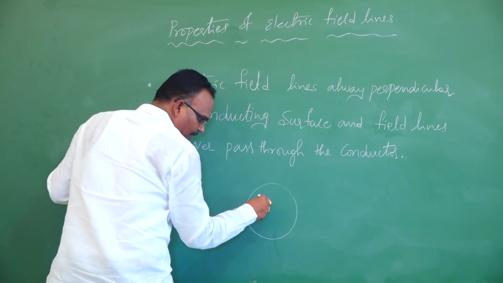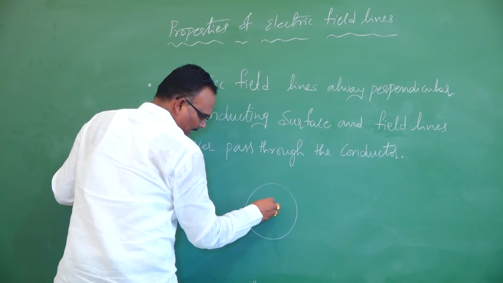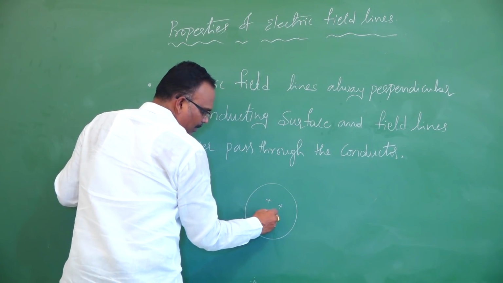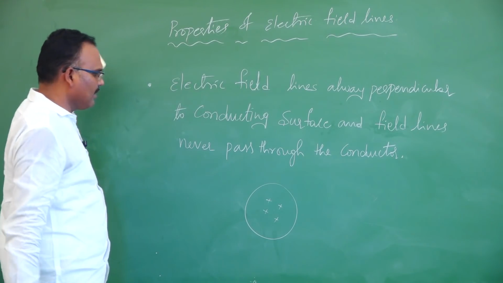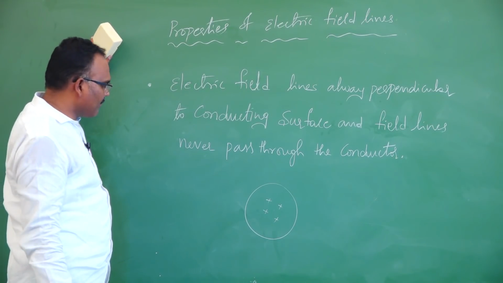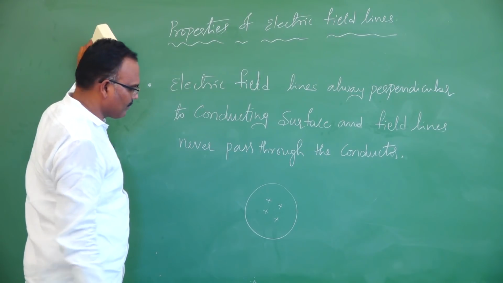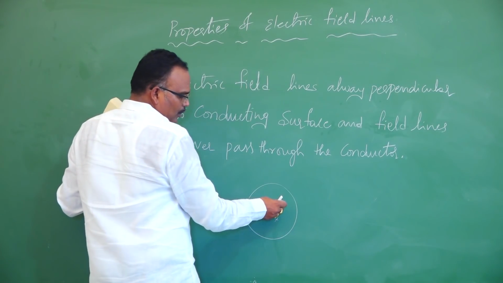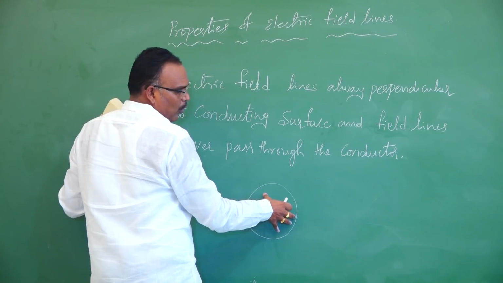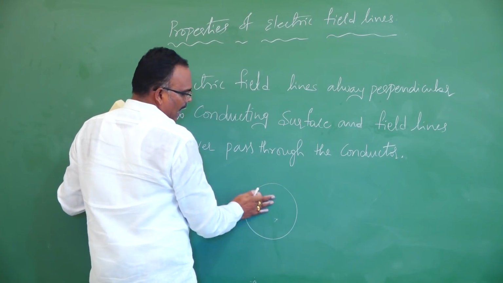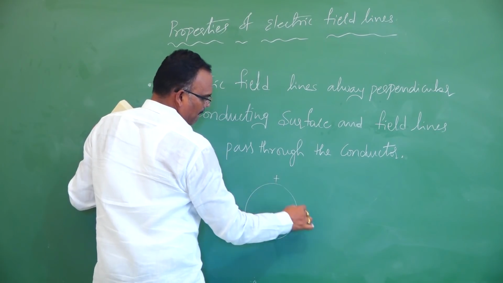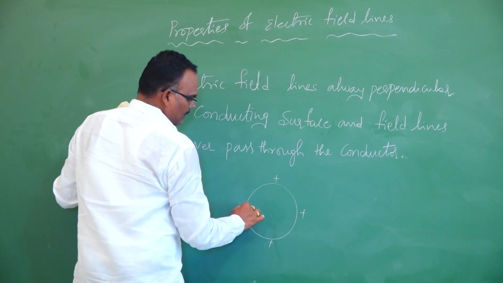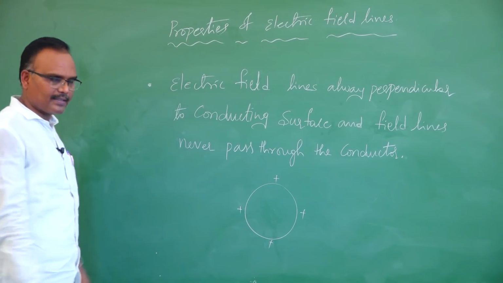If you give charge inside, for example, maybe the atom is electrified due to some reason, then what will happen? Like charges repel. So due to repulsion these charges will move outward and they will reside on the surface, like this.